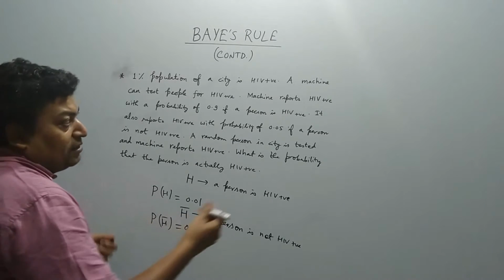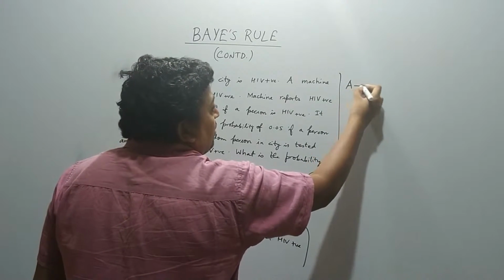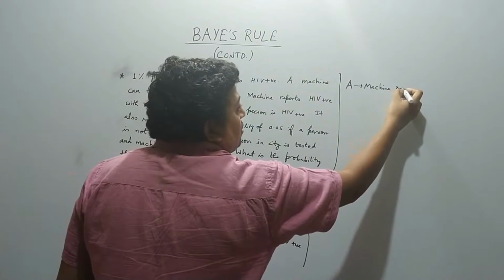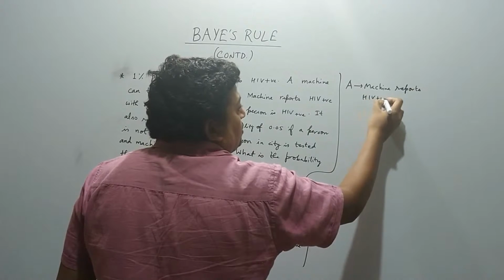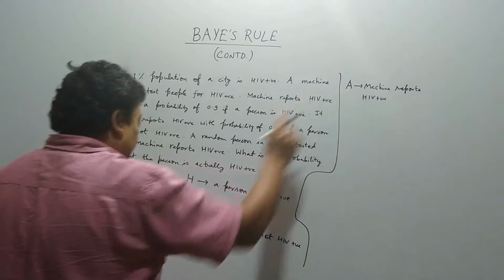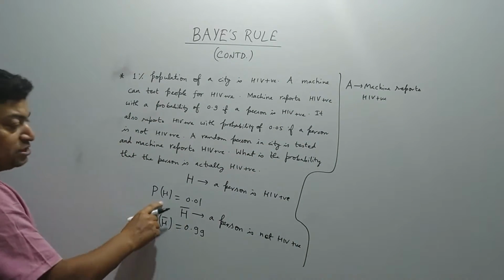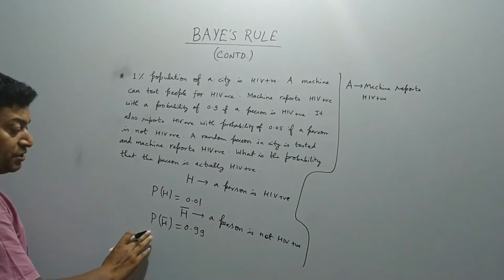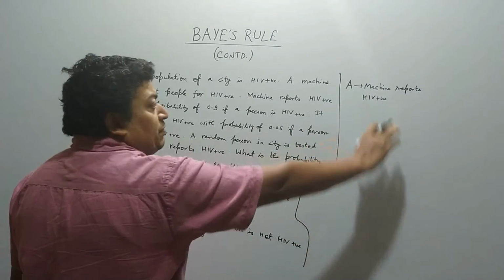So let's assume that the event is A, the event that machine reports HIV positive. This is the main event. And A can happen with H and A can happen with H bar. If a person is HIV positive, then machine can report HIV positive. If the person is not HIV positive, even then machine can report HIV positive.